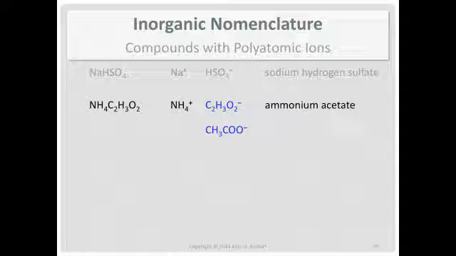The bottom way, the CH3COO minus, emphasizes the organic nature of it, because acetate comes from acetic acid, which is a carboxylic acid. My preference, at least at this stage, is for the first one, C2H3O2 1 minus, but you see both ways. It's very common.